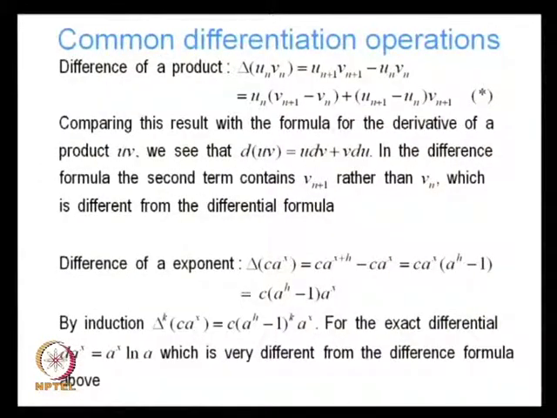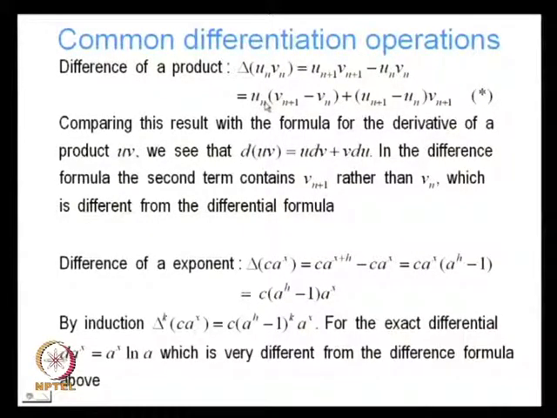So, I look at the difference of a product. I have a product UnVn and I am operating on that with the difference operator. By definition, this is going to be this thing evaluated at n plus 1 minus this thing evaluated at n. So, that is going to be Un plus 1 Vn plus 1 minus Un Vn.